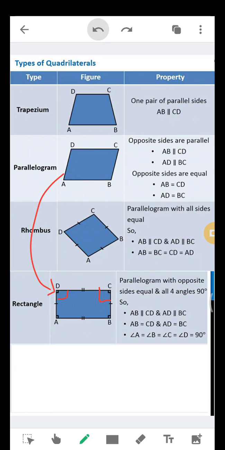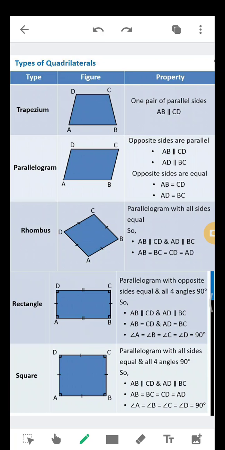If each angle becomes 90 degree, then that type of quadrilateral is called a rectangle. So the only difference between rectangle and parallelogram is the angle. In a rectangle we have each angle 90 degree and all the remaining properties are the same. Opposite sides are equal and opposite sides are parallel. So this is the property of a rectangle.